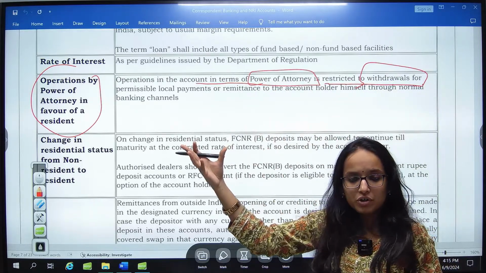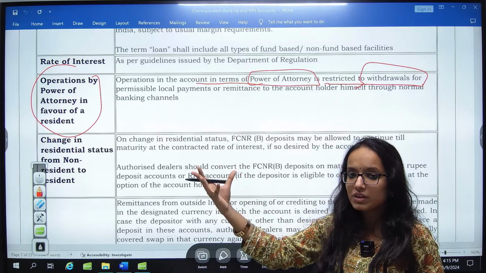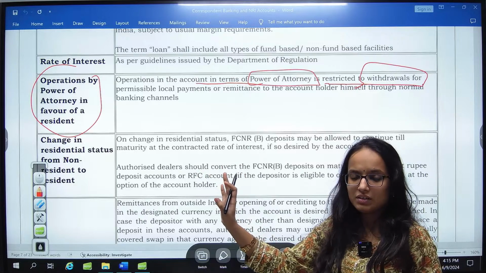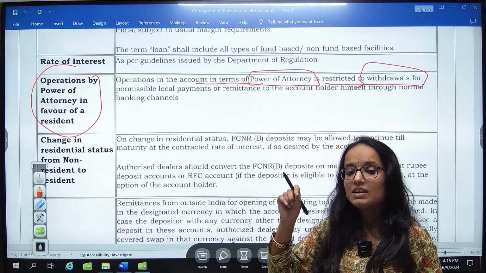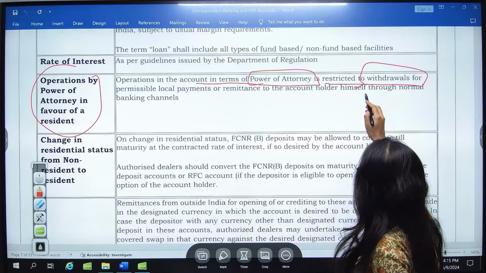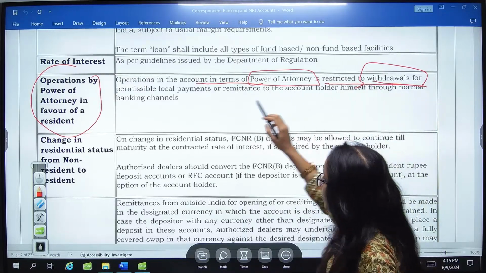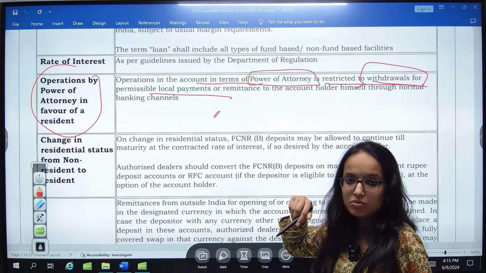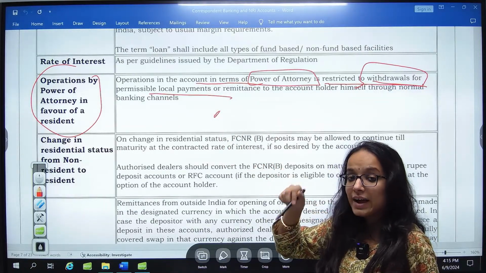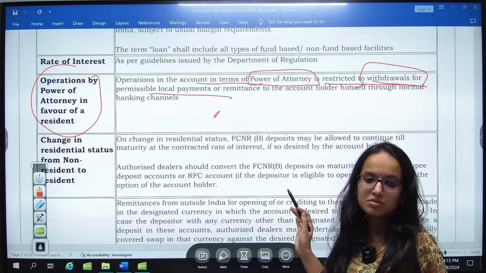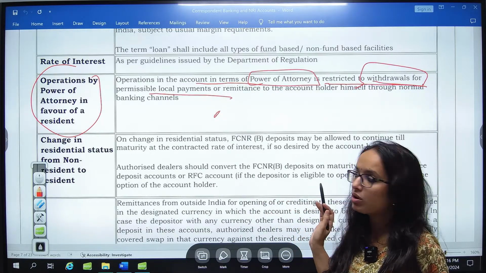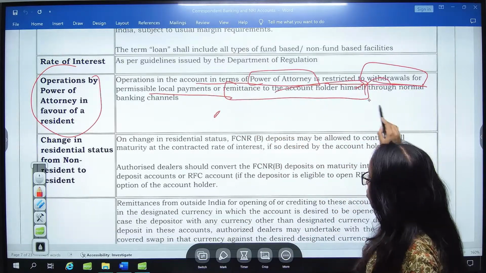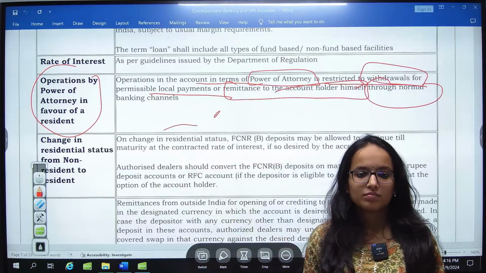Now, working as a power of attorney on behalf of that person, the resident relative can operate it during the lifetime of that person, but certain restrictions are there. What are these? Restricted to withdrawal for permissible local payments. You can withdraw money out of those FCNRB accounts for local payments, that too which are permissible by the regulations, or remittances to the account holder himself through normal banking channel.